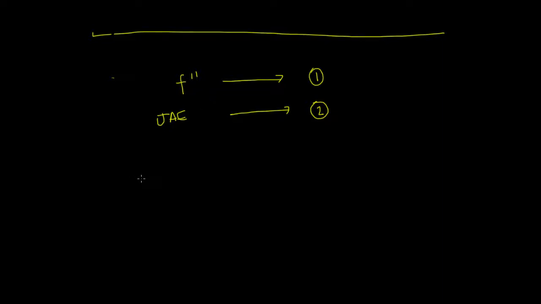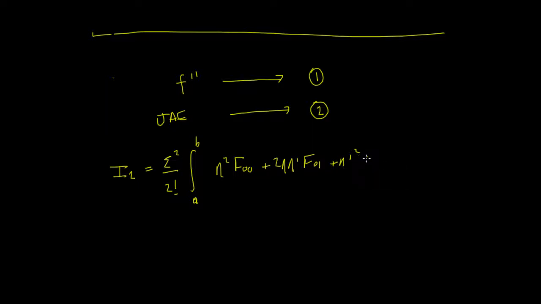If I put the first one down, okay, we have our second variation, we'll call it I2, equals epsilon squared upon 2 factorial, the integral from a to b of eta squared f00 plus 2 eta derivative f01 plus eta derivative squared f11 all by dx, and we'll call that equation number 1.